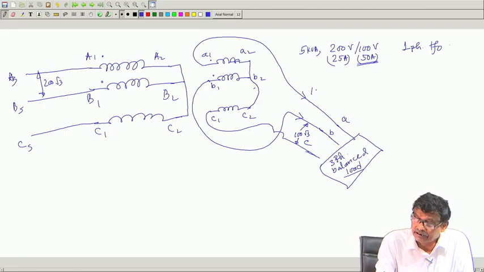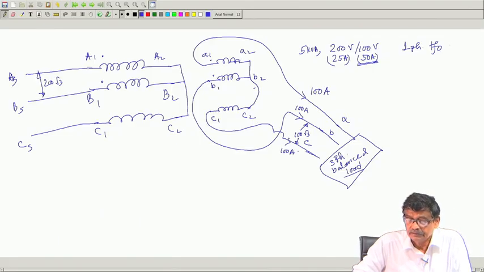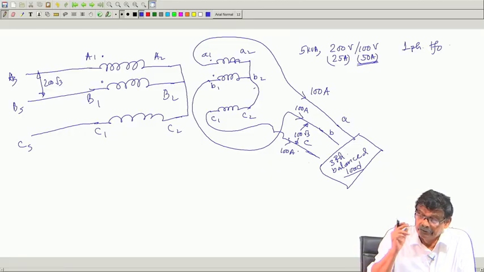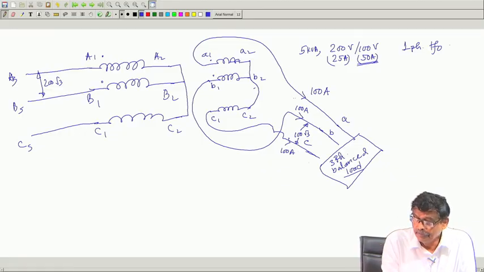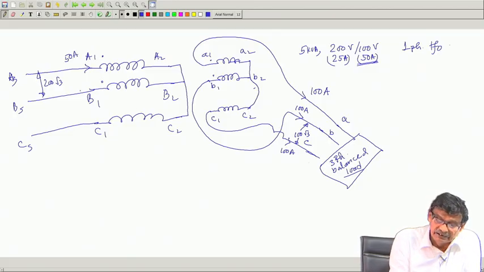Therefore, maximum current I will allow to flow here is 50 ampere, here also 50 ampere, here also 50 ampere. And rest assured, the moment 50 ampere goes in through the dot for this transformer, this fellow will draw 25 ampere. Similarly, this fellow will also draw 25 ampere.